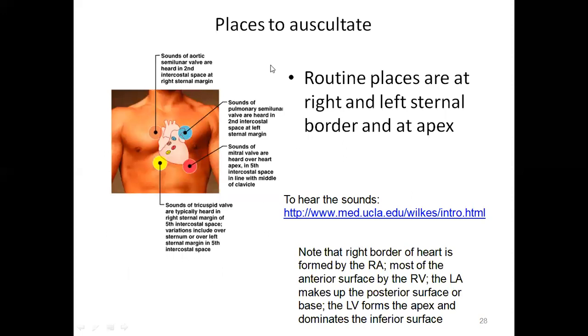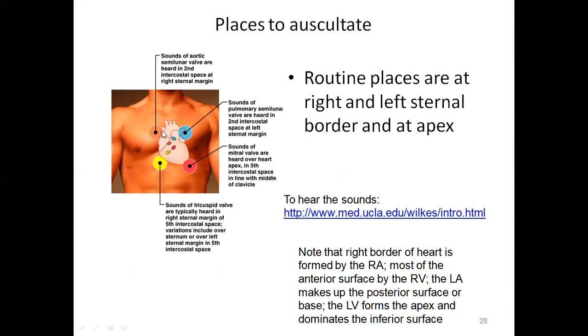Now we'll talk about auscultation. Auscultation is done with the help of a stethoscope. You must have seen a stethoscope. We'll be doing it in practical also. So these are the places you can see in the picture where we can hear these sounds, S1, S2, murmurs.